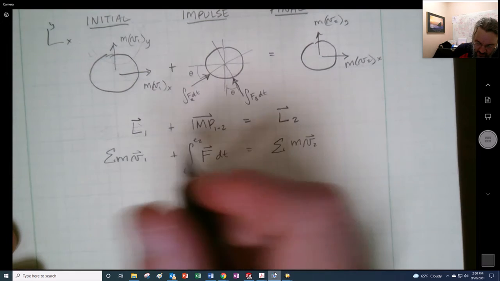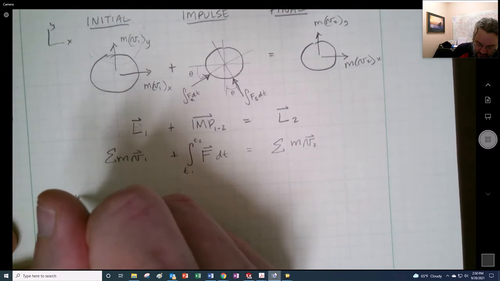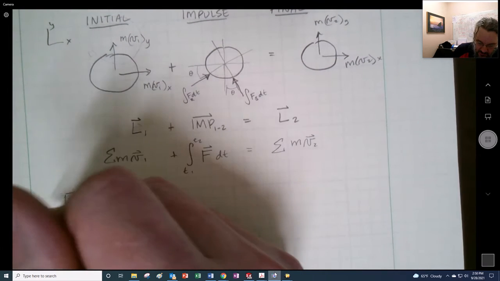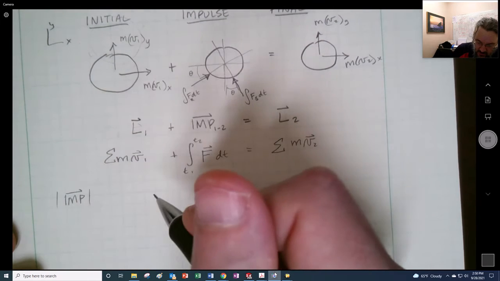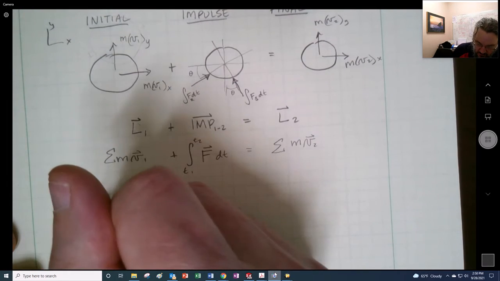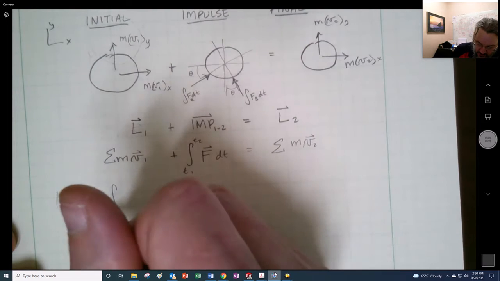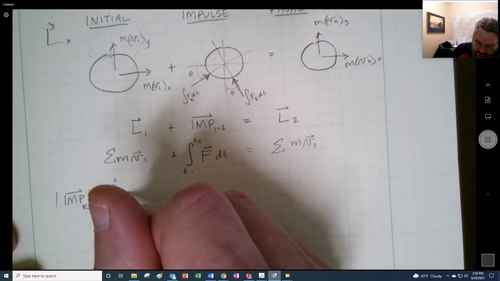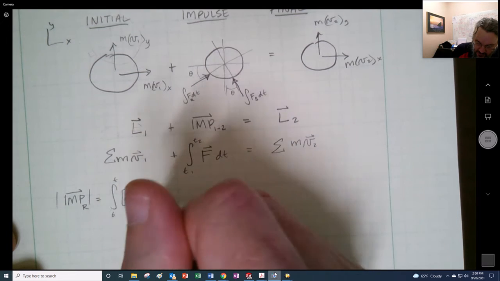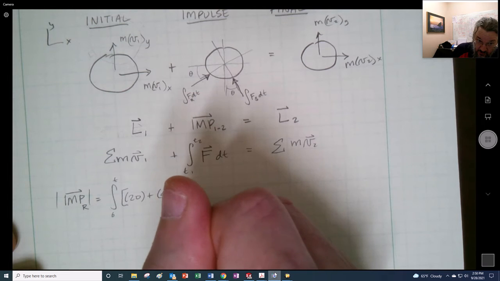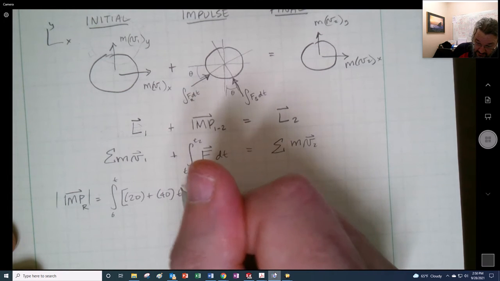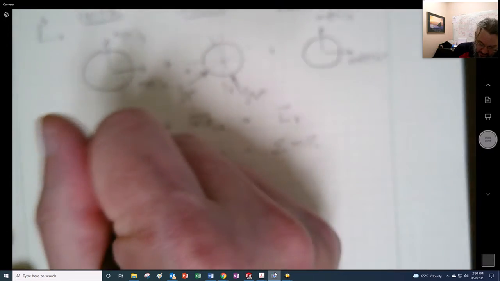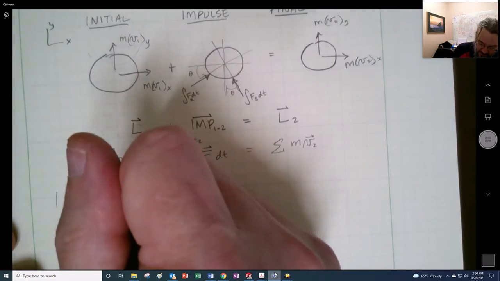So how do I write this out right here? I'm going to go impulse magnitude of the rear one. It's going to be equal to the integral from 0 to t of 20 plus 40t dt. I'll put t as 20 seconds.